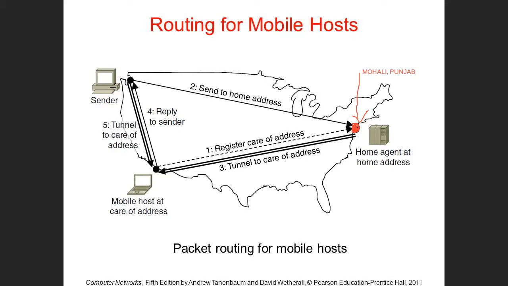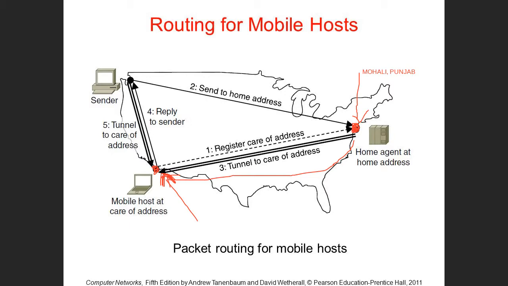And once you take that SIM card to any other part of India, wherever you go with that SIM, that new location is going to be called your foreign address or your mobile address.